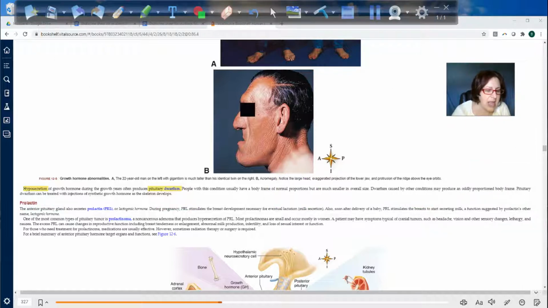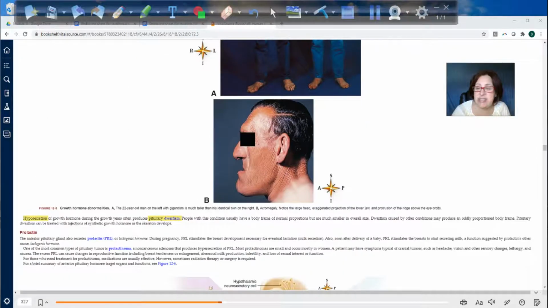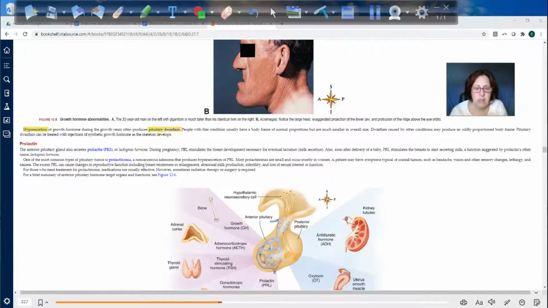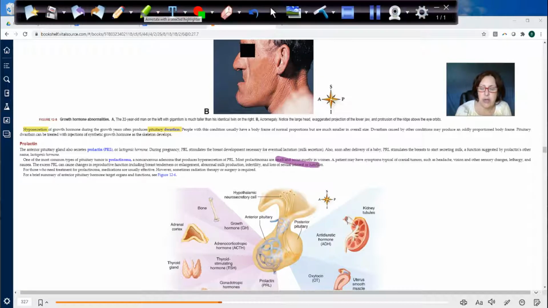Okay. The next hormone, we're still in the anterior pituitary, is prolactin. Prolactin creates milk for breastfeeding. Okay, so obviously female. And does it talk about what that does in a man?